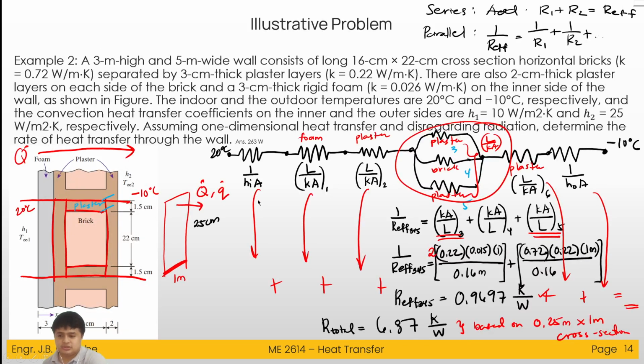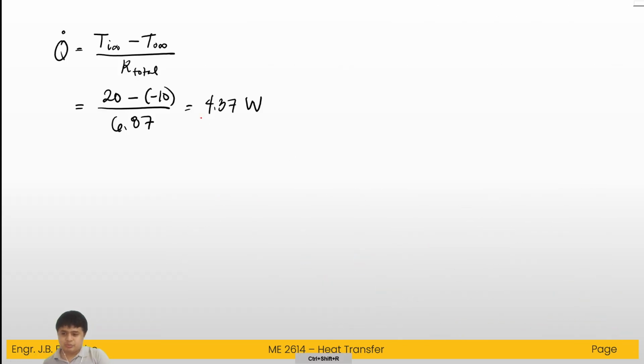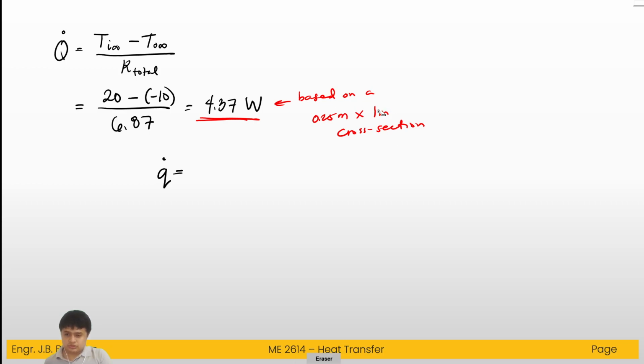But the answer is not this one. Why is that? Because this is again based on 0.25 meter by 1 meter cross section only. So you have to consider the heat flux first. To find the heat flux, you just have to divide this by this cross section. So we have 4.37 watts over 0.25 meter by 1 meter.